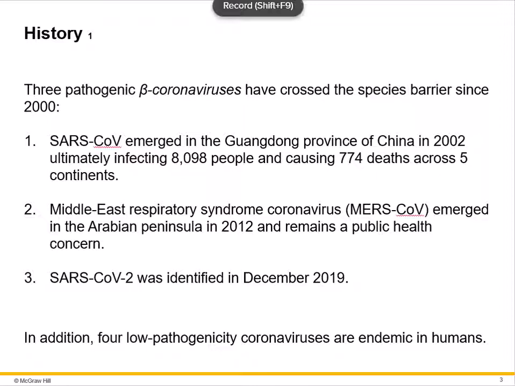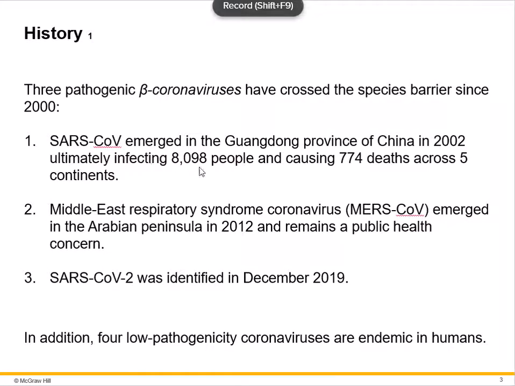Coronaviruses have been a concern for human health since the early 2000s, when we had SARS, which is a coronavirus, leaving an animal reservoir, probably in China as well, in the province of Guangdong, and infecting humans.